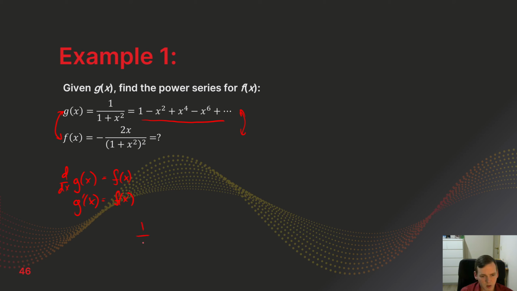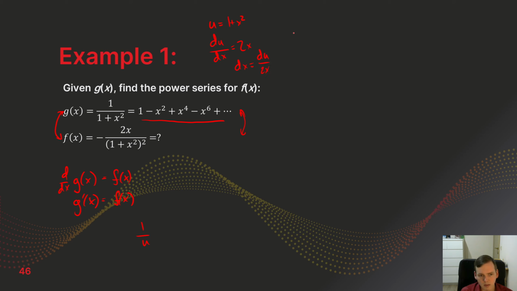So 1 over u, if we do our u substitution, u is 1 plus x squared. du dx is equal to 2x, so dx is equal to du over 2x.